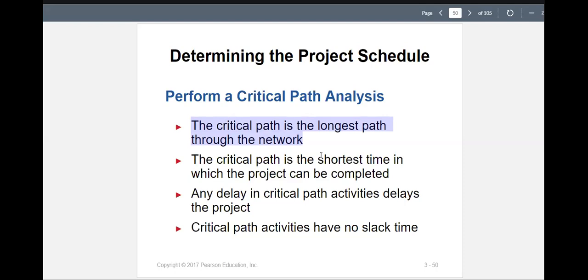The critical path is also the shortest time in which the project can be completed. Any delay in critical path activities delays the project. Critical path activities have no slack time.